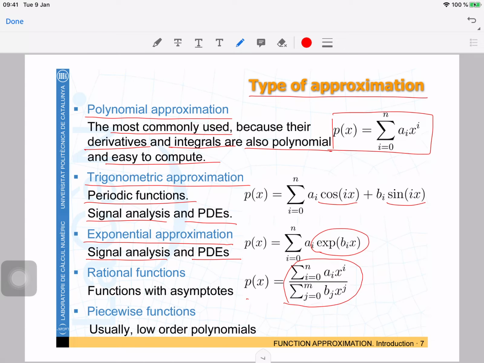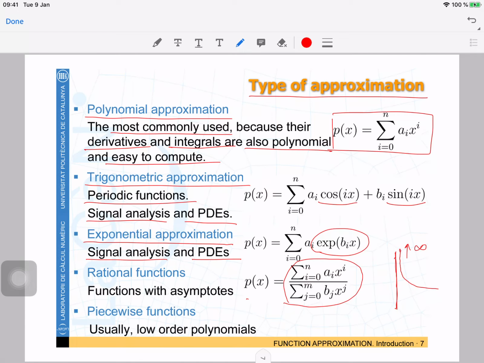Rational functions are defined based on rational fractions, and are used for approximating functions with asymptotes. An asymptote is the line that, when a curve approaches it, the values go to infinity. So this line is the asymptote of the curve.